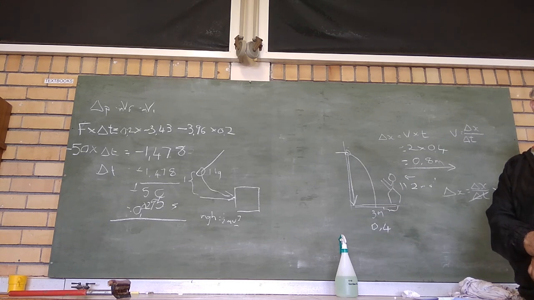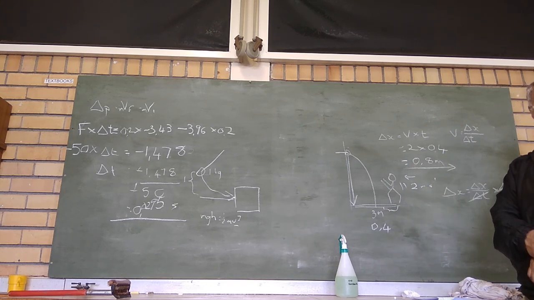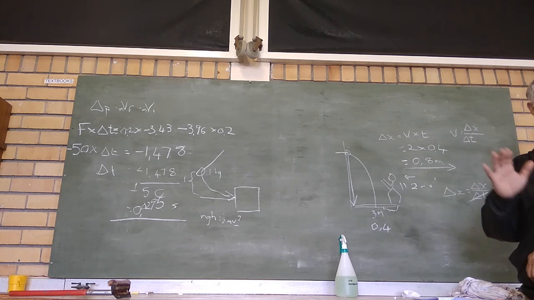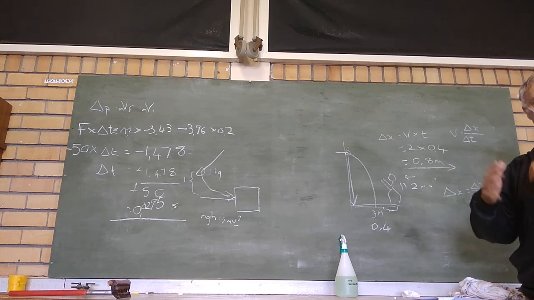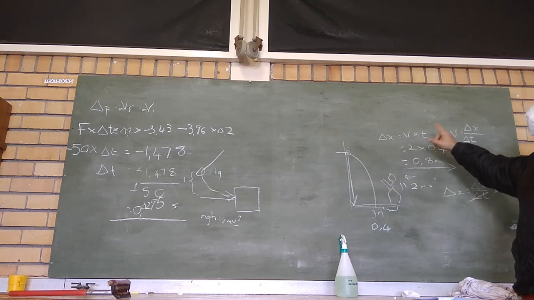Now guys, please make sure that you can do it in the exam. That's why we're doing it beforehand, to get all the little tricky things out. Know when to use momentum. This is one of your equations of motion that are not given: velocity is displacement upon time.